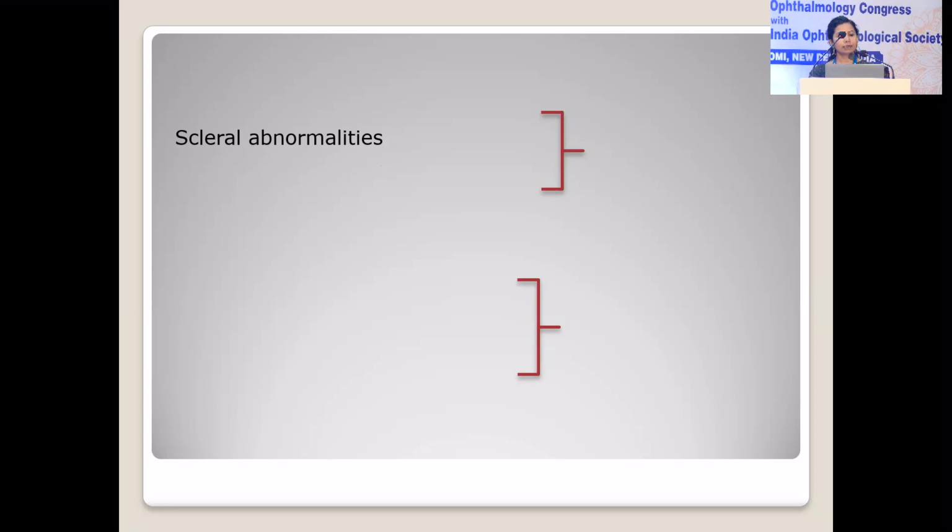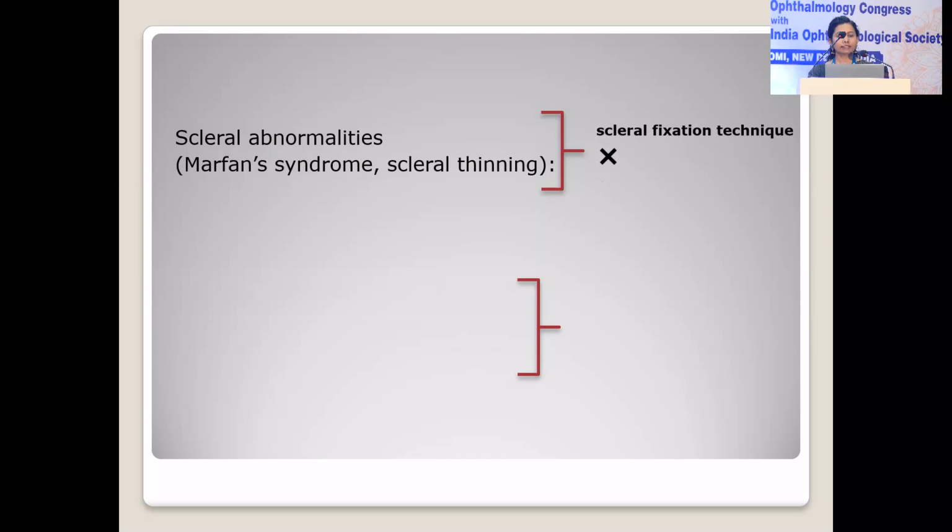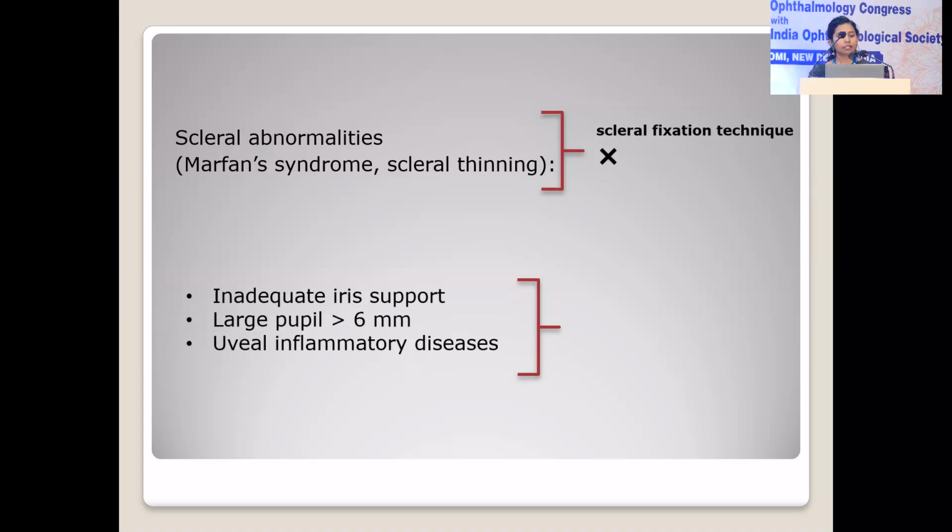If there are scleral abnormalities with scleral thinning or scleritis, the scleral fixation technique is not a good option. If there is inadequate iris support, if the pupil is large in size, or if there is uveal inflammatory disease, iris claw lenses should be done judiciously.